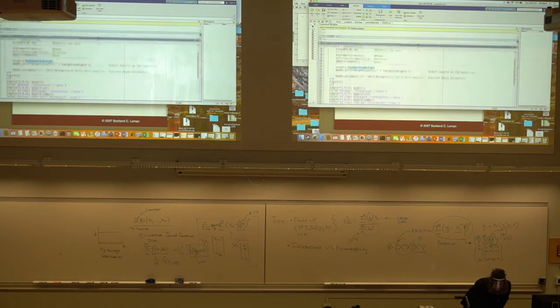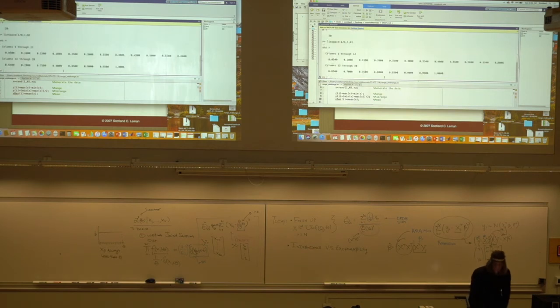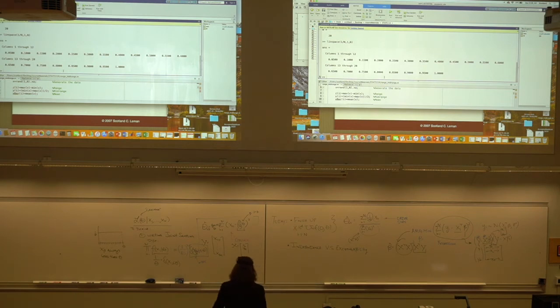I go to my window right here. I need to say something about what n is. I'll say it's 20. Then I just type that command in. And you just look at it. So I go to my command window and I just look at what linspace is. What it's done is it's just created a vector that looks like that.